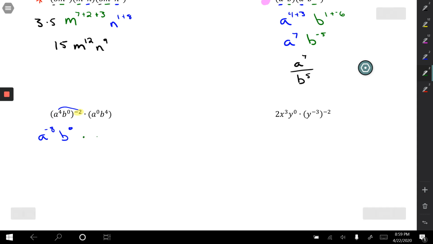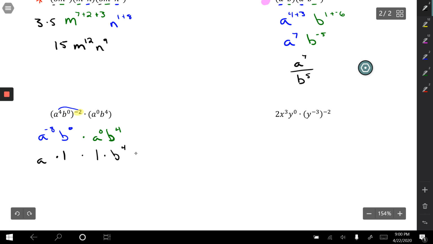And this second one does not have an outside power, so I'm just going to rewrite it like it is. Now, as I'm writing this, I'm seeing one thing that I can take care of in this next step. Anything to the 0 power is 1. So instead of having a to the 0 times b to the 4th, I just have 1.